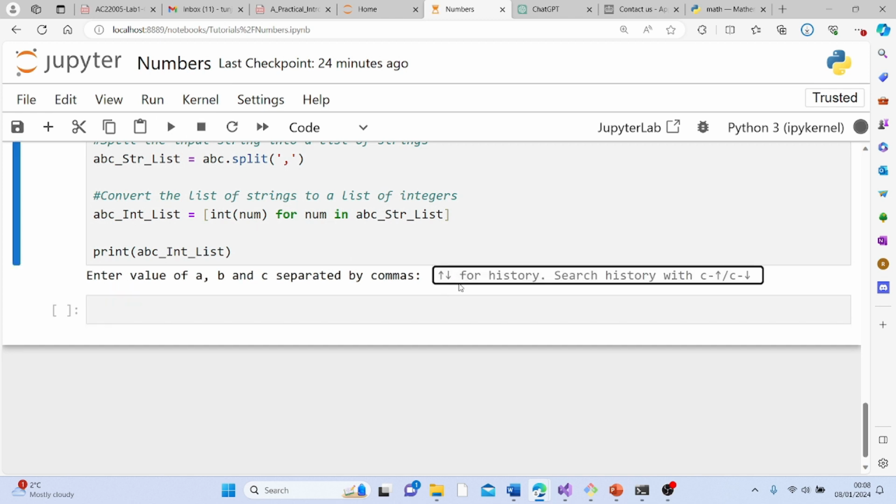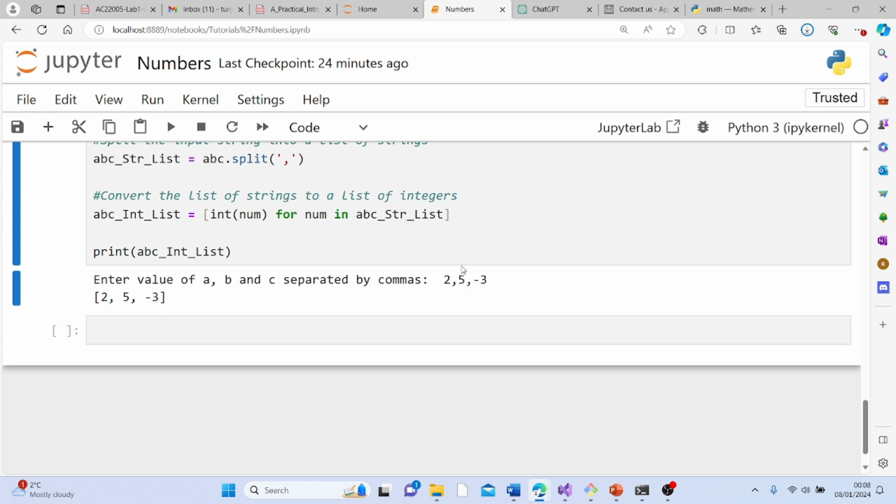If you print this, it will ask me for the numbers again. We have 2, 5, minus 3, and if I enter, you can see that the quotation marks on those numbers are no more there. They are gone because now the elements of this new list are integers.